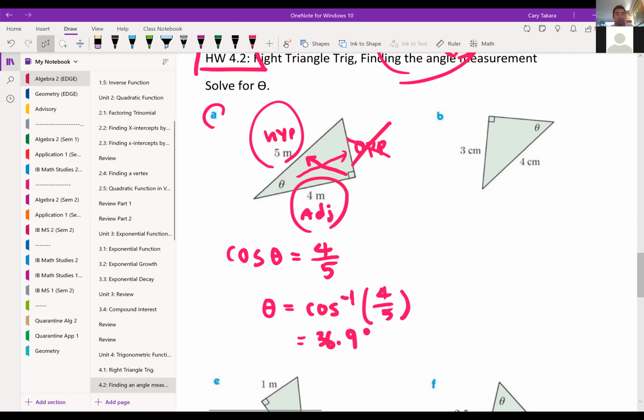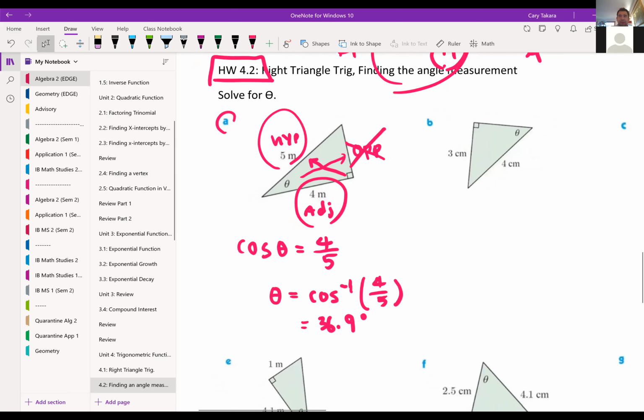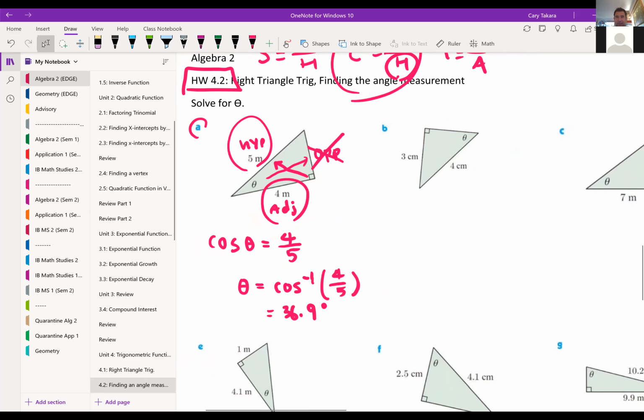36.9 degrees. Okay, we are finding the angle measurement. For those who are going ahead, will you stop and check for A? It's 36.9. Make sure that you have that. Okay, let's talk about B. Again, let's label.